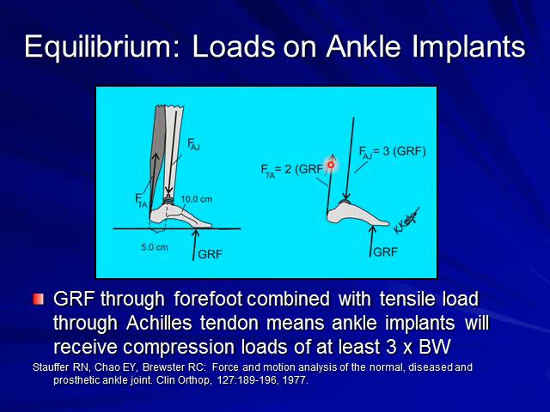We know now that the force in the Achilles tendon must be double the ground reaction force. And we also know from our free body diagram analysis that the ankle joint force, in other words, a force from the tibia pushing downwards on the dorsal aspect of the talus, must be 3 times the ground reaction force.